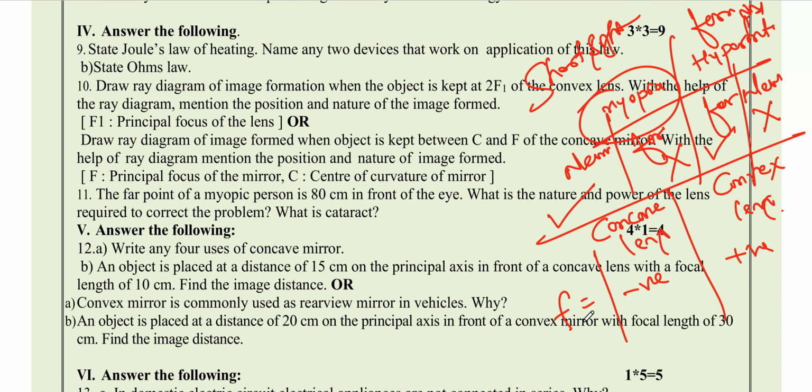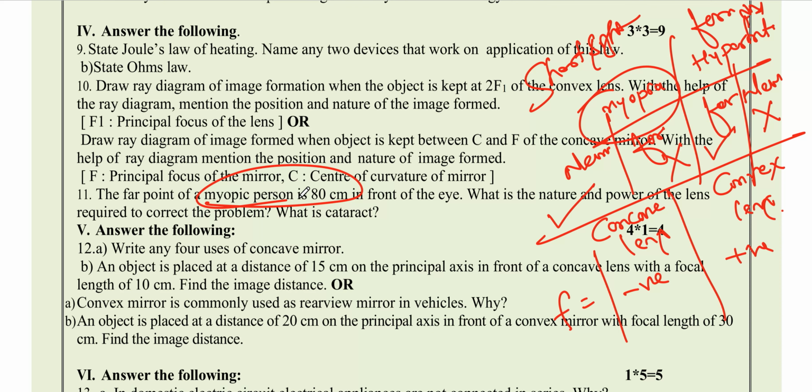Understood? Now come back to this question. Now we will look at the question. The far point of the myopic eye is 80 centimeter. What does this mean? Far point. In a myopic eye, is far distance seen clearly? No. So what does that mean?